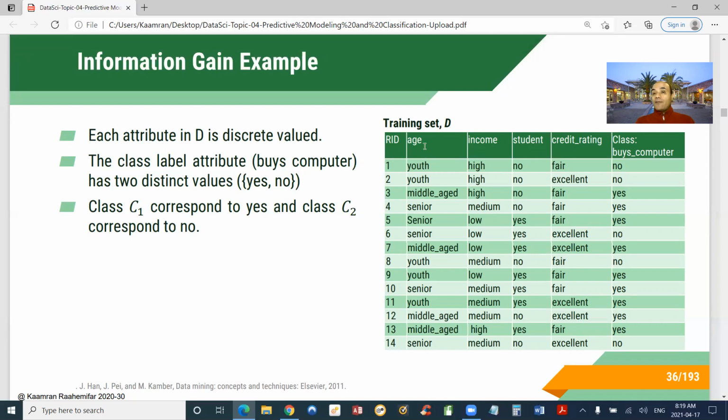We have the attributes of age, income, student, credit rating, and class. Imagine you have gone to a Best Buy. Imagine you have gone to Walmart or Costco or any store that you like to go to. And I'm the cashier. I'm one of the people who are going to stand in the TV section, the electronic section, and you're going to approach me. And when you approach me, you want to see which TV to buy.